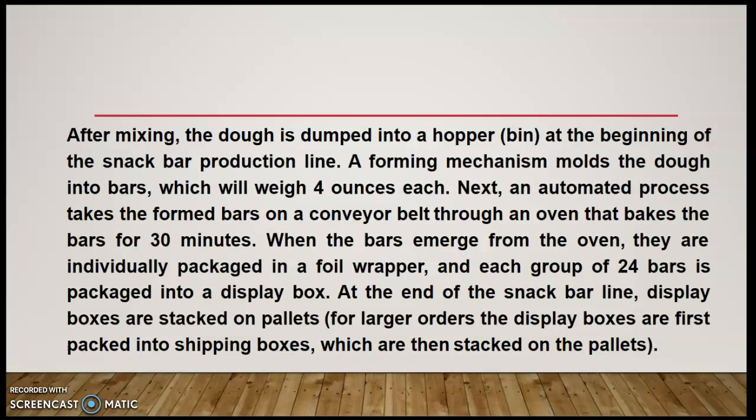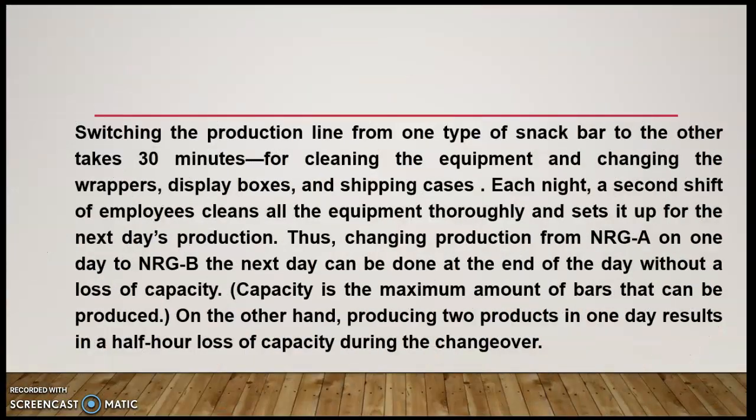When the bars emerge from the oven, they are individually packaged in a foil wrapper, and each group of 24 bars is packaged into a display box, with 12 display boxes packed to a case. At the end of the snack bar line, display boxes are stacked on pallets. For larger orders, the display boxes are first packed into shipping boxes, which are then stacked on the pallets.